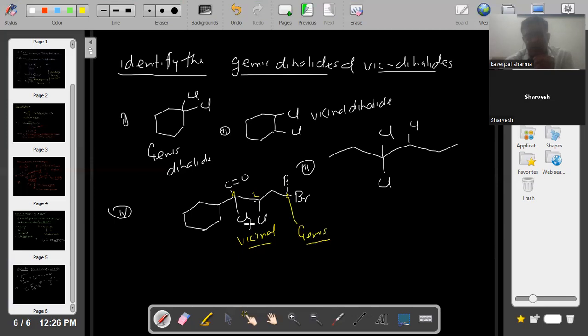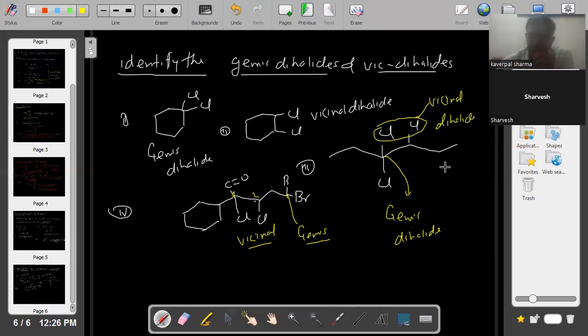This is gem, this carbon is gem dihalide. Similarly this also is gem dihalide. And the next is vicinal, this and this. Exactly, absolutely.